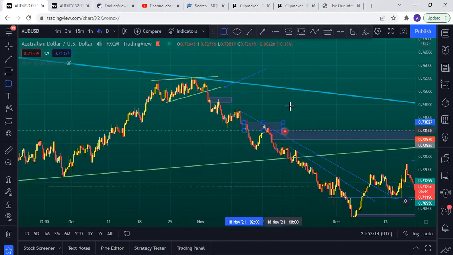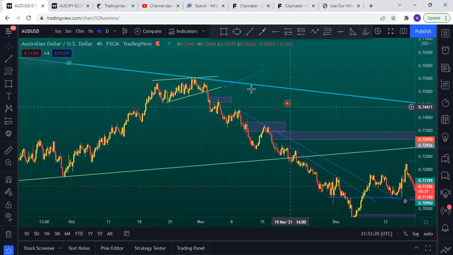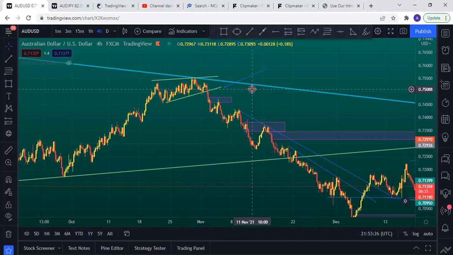Now, what I'm trying to get you to understand is that for the trend lines that you want to trade, you want to be sure that it has everything you need, the criteria that you need, everything in check.